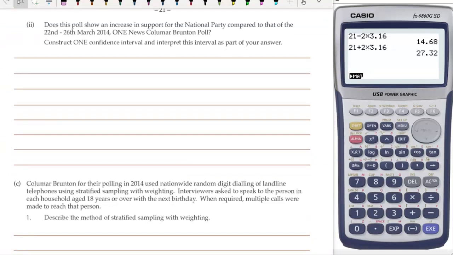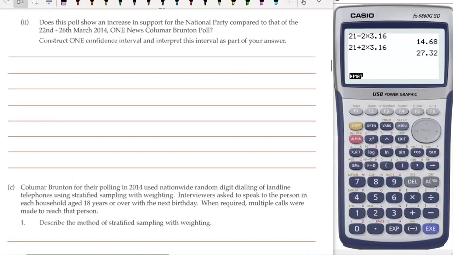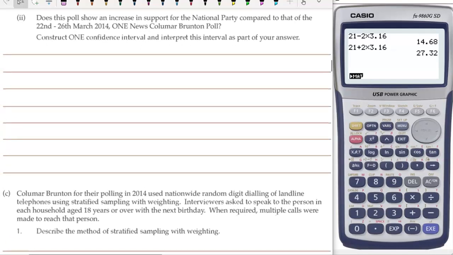Okay, now for part 2, there's a little bit of an issue with the question in the form that I have it, and hopefully the resource has been updated. It's wanting us to compare a change in what's happened for the National Party, with what we're seeing in the current survey, the May 2014 one, and what's happened since March 2014.